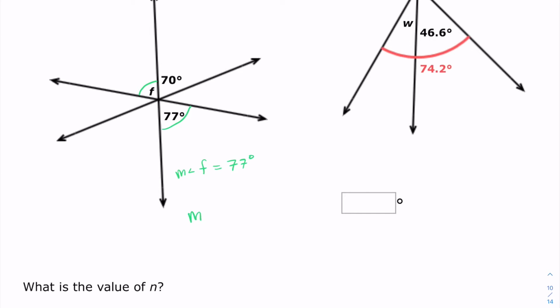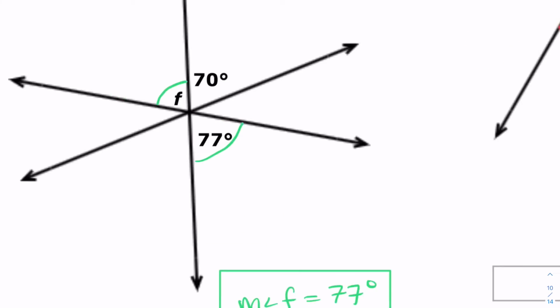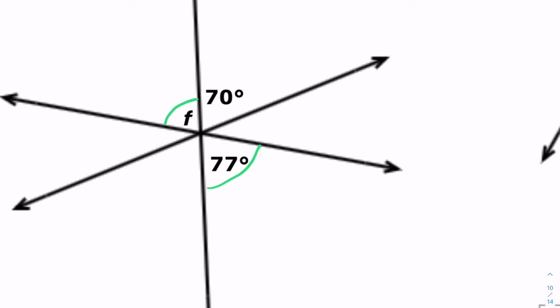So the measure of angle F is 77 degrees. We'll put that in a box, and we are good to go.